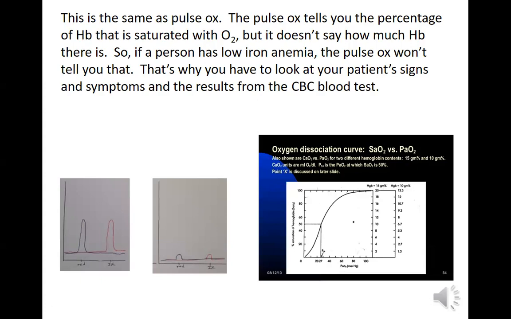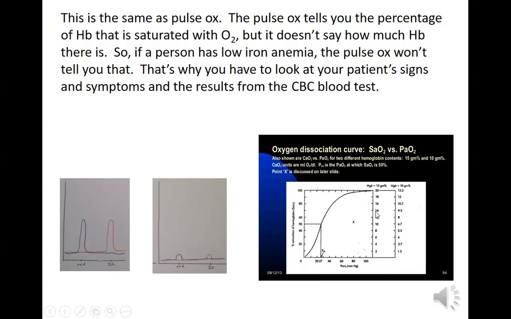I mean, you'll do a CBC, so you don't have to do an arterial blood gas to get your hemoglobin levels. You do hematocrit on the complete blood count, and you get the amount of red blood cells, you get the amount of hemoglobin, right? And iron if you need it. That could be a value you could use from the CBC, and then you match it up with the arterial blood gas, which is giving you the content of the oxygen, or other gases through co-oximetry.